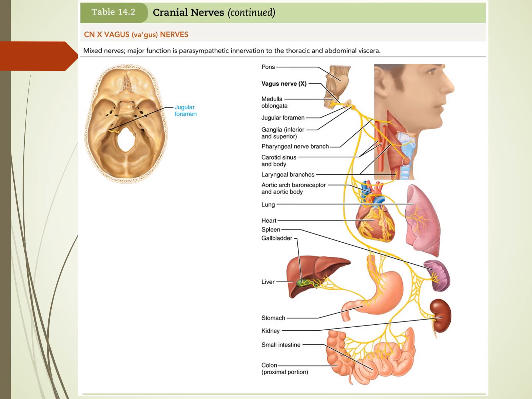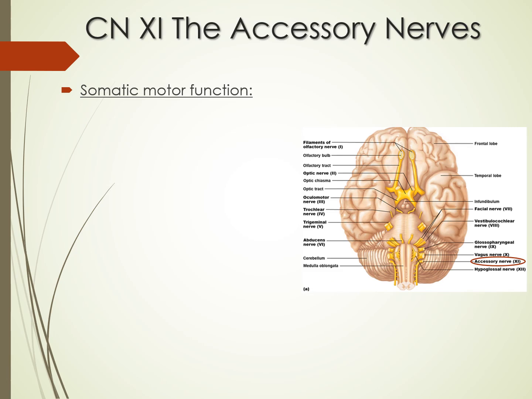So vagus nerve, parasympathetic, rest and digest, okay? And so we'll go into that in much more detail in our autonomic nervous system lecture. But it also runs through the jugular foramen. So the jugular foramen is quite a large hole, so it's got quite a few nerves running through it, as well as the jugular vein.